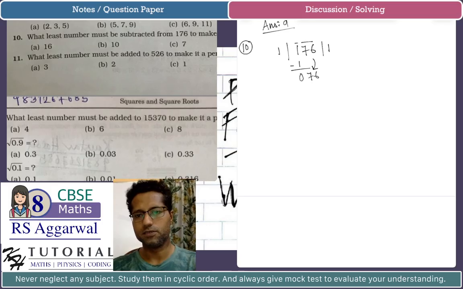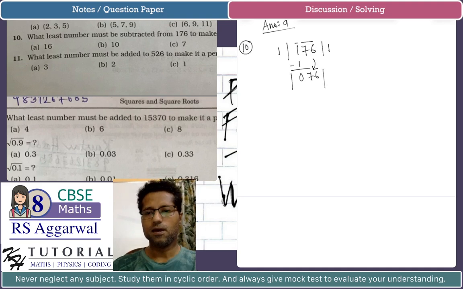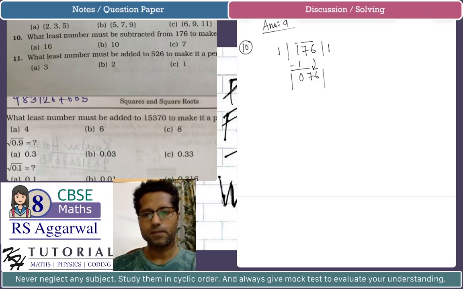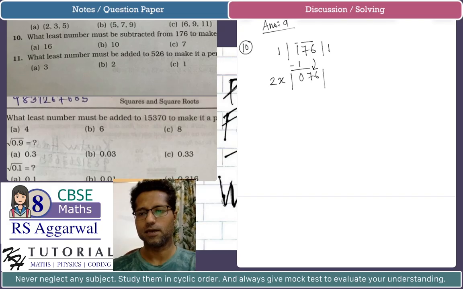The remainder is 76, which becomes the next dividend, and the next partial divisor will be the current quotient, 1, multiplied by 2. Now we have to put a digit x over here, such that the two-digit number 2x multiplied by that digit should be less than or equal to 76.